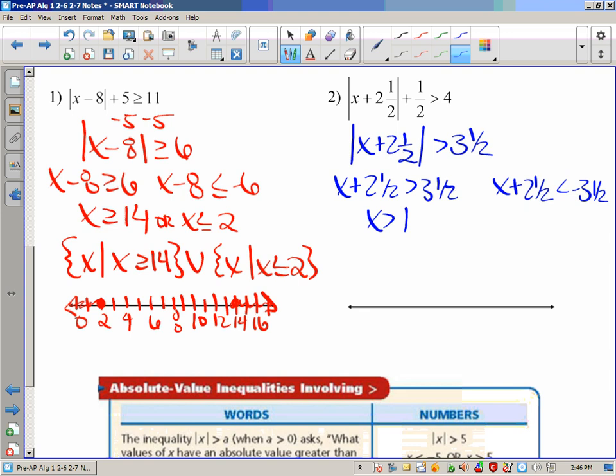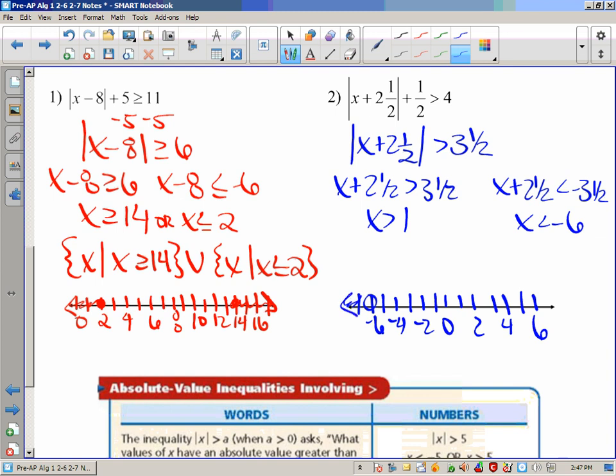Subtract 2.5 from both sides, I'll get -6. -3.5 minus 2.5 is -6. So then if I graph this, -6 is my smaller number, -7, -6, -5, -4, -2, 0, 2, 6. Okay, that'll work. So I can't include -6, open.